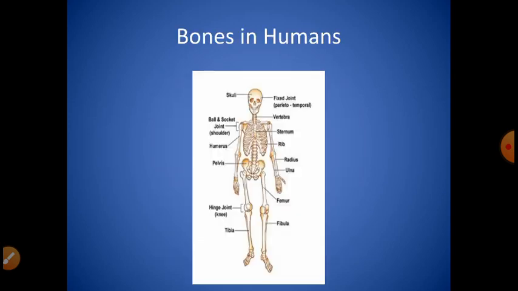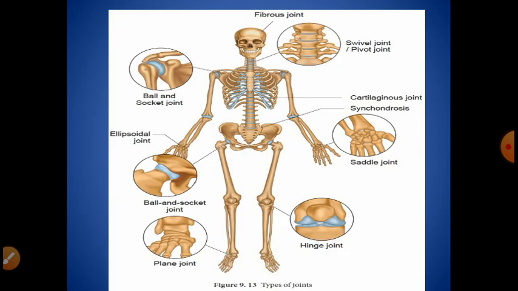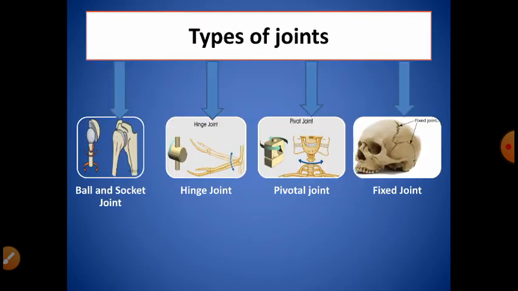These are the various bones present in the human body which are part of the joints that we are going to discuss in this chapter. These are the various joints that we will discuss later in this topic. Here we have chosen four types of joints: ball and socket joint, hinge joint, pivotal joint, and fixed joint.